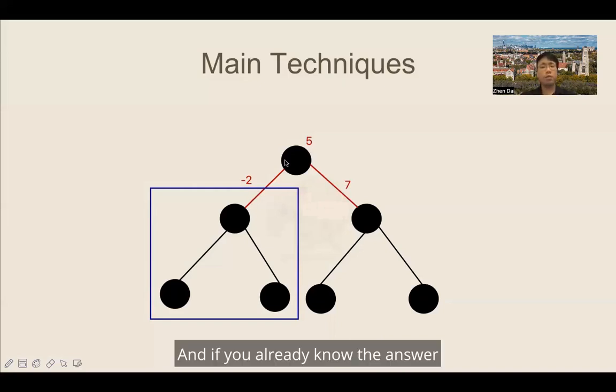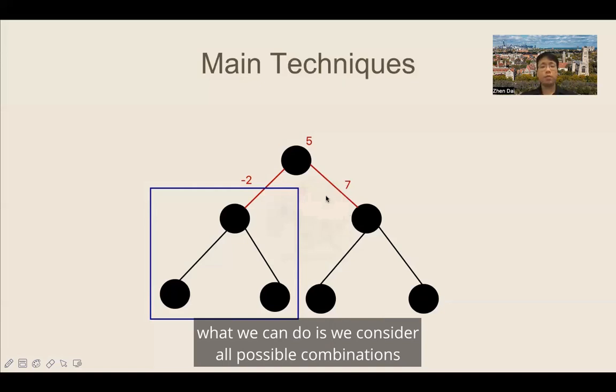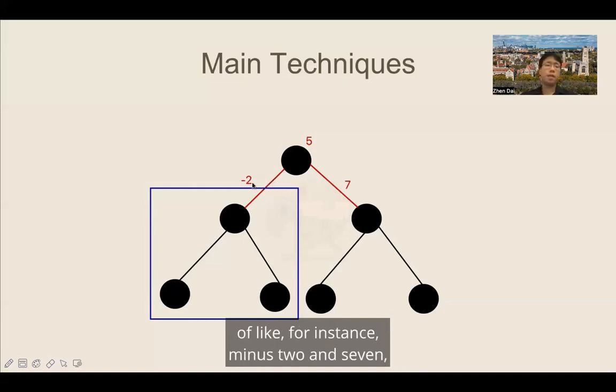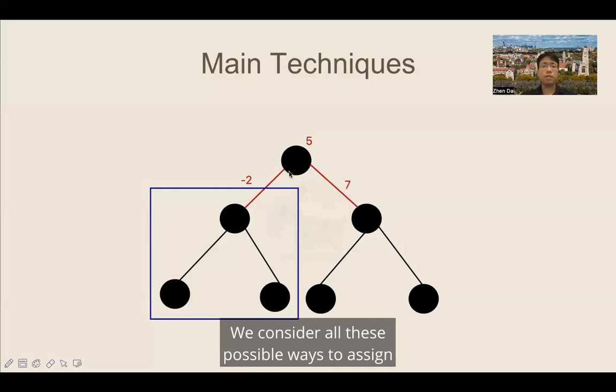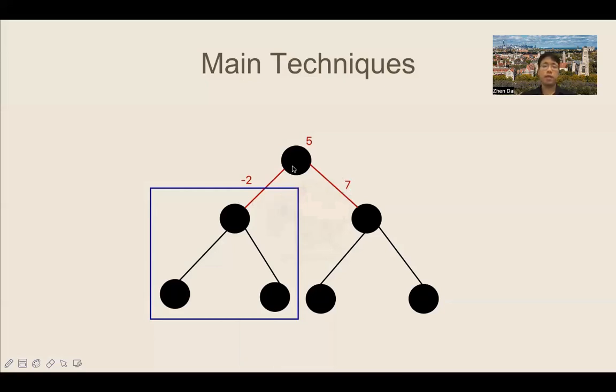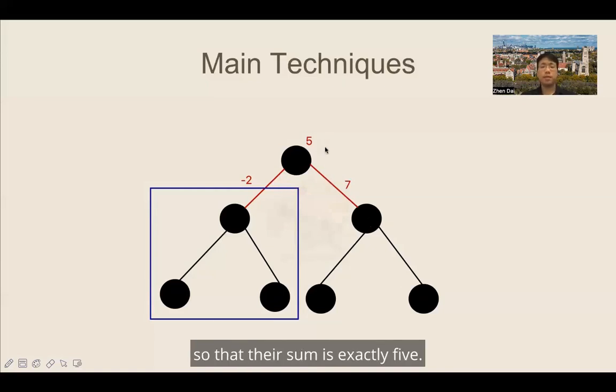If you already know the answer for the left subtree and the right subtree, we consider all possible combinations, for instance -2 and 7, -3 and 8, or 2 and 3. We consider all these possible ways to export points to the left subtree and right subtree so that their sum is exactly 5.